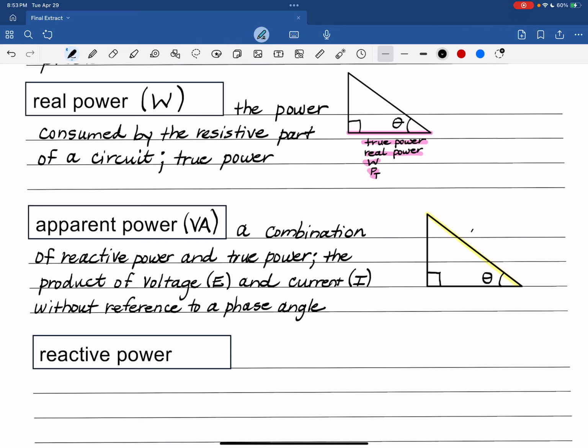So this is your apparent power. And the unit that we will be using is VA. It can also be described as capital P with a subscript A, power apparent. So those are kind of used interchangeably in our problems. So it is the hypotenuse of your power triangle.